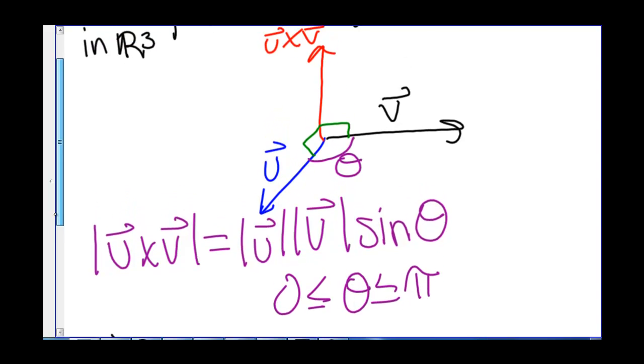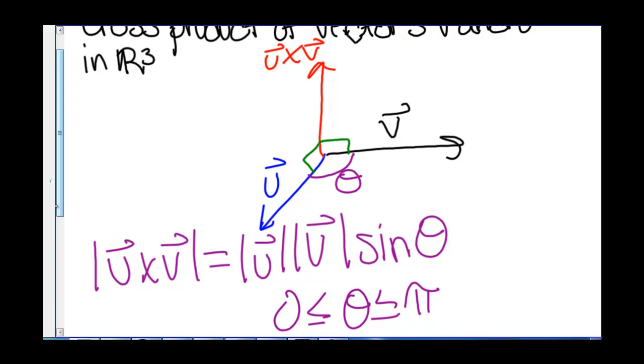And the way that we determine which way our vector that is orthogonal to u and v points is we place the tails of u and v together, and then we have our hand with our palm here and our fingers over here, and we curl our fingers towards v. And whichever way our thumb is pointing, that's the way our vector goes.